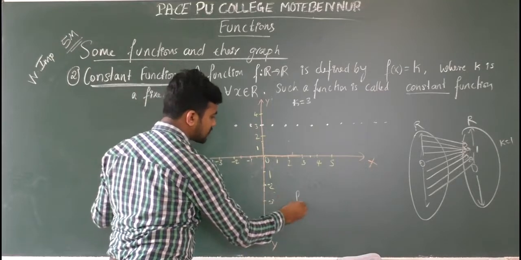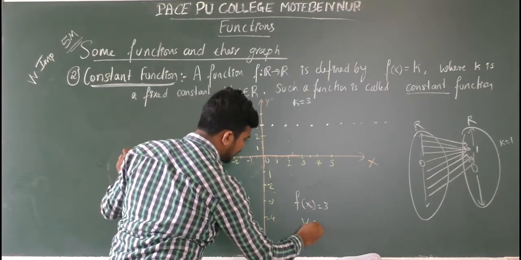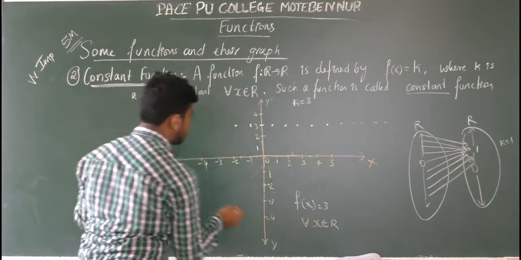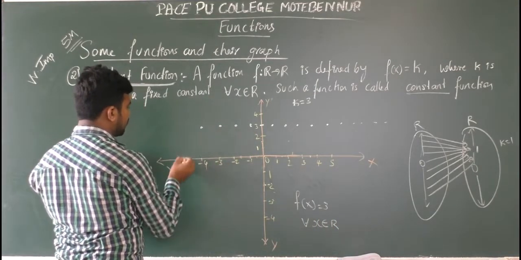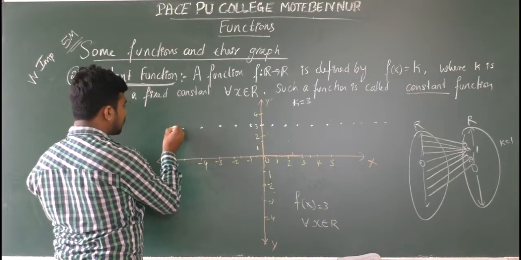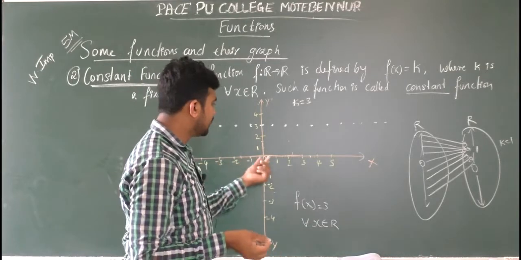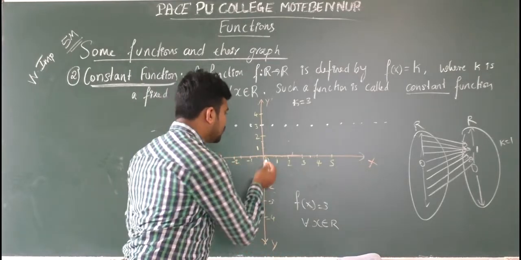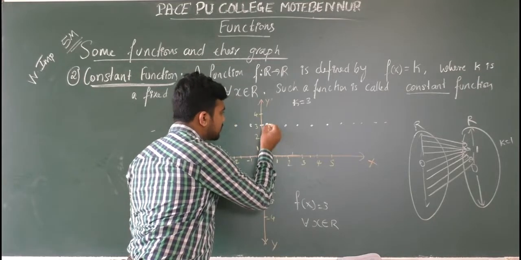Okay, because f of x is k, and k is equal to 3 for all x belongs to R. See, f of minus 3 is 3, f of minus 4 is 3, f of minus 5 is 3, and so on it is continuing. And if you consider any numbers in between two numbers here, 0 and 1, we will get infinitely many numbers. 0.5, its image is 3.